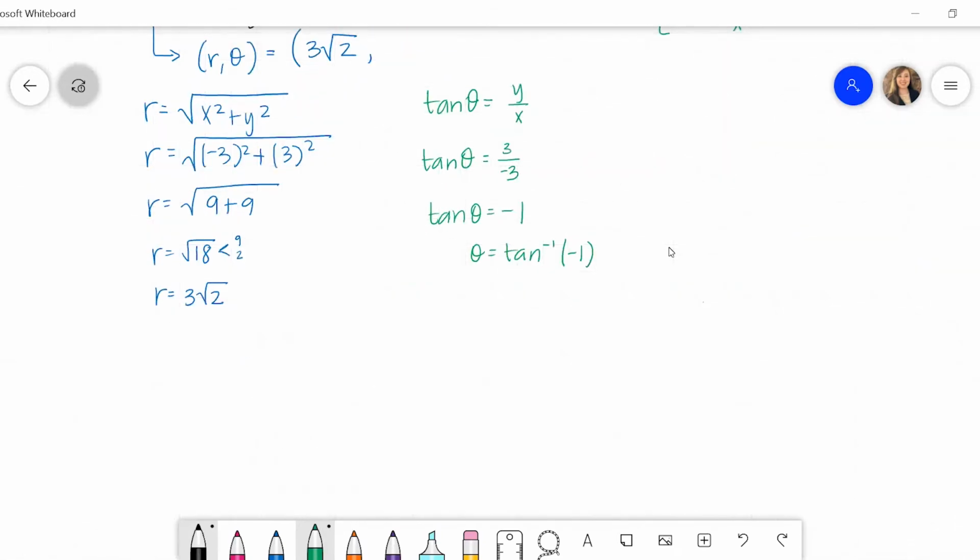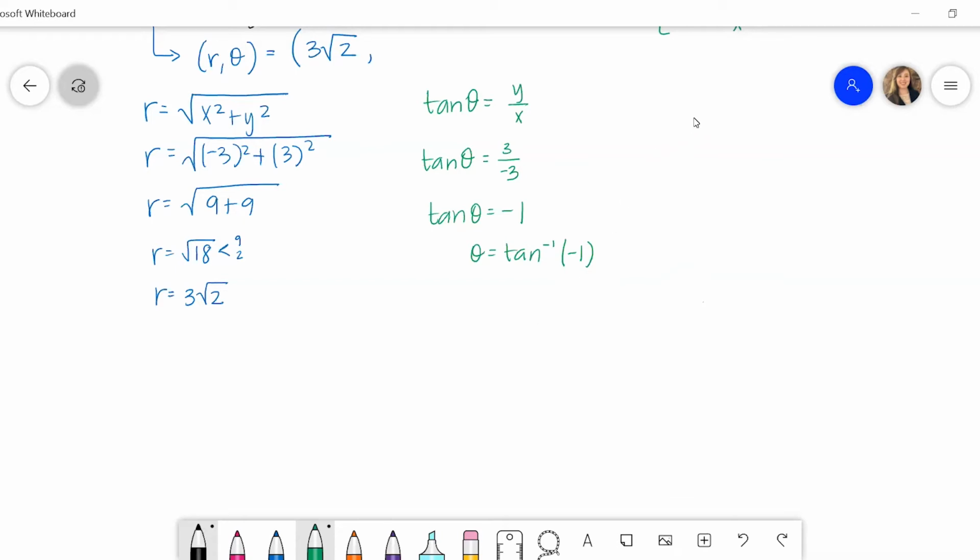So where is tangent equal to -1? You can use some of your properties, be a little careful with how you approach them. You can use kind of a reference angle approach where you're really asking, where is tangent equal to 1? And then you adjust for the quadrant. That would be okay.